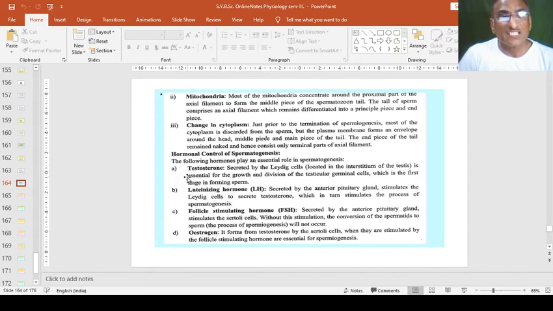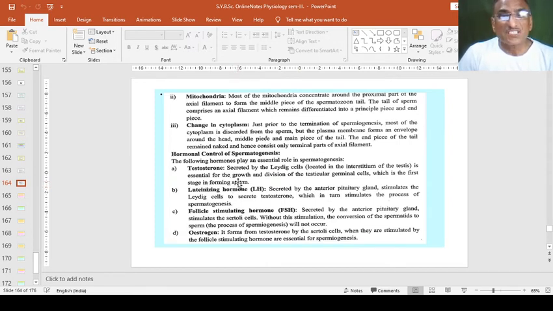First is the testosterone hormone. Testosterone is secreted by the Leydig cells located in the interstitium of the testes and is essential for the growth and division of the testicular germinal cells, which is the first stage in forming sperm.